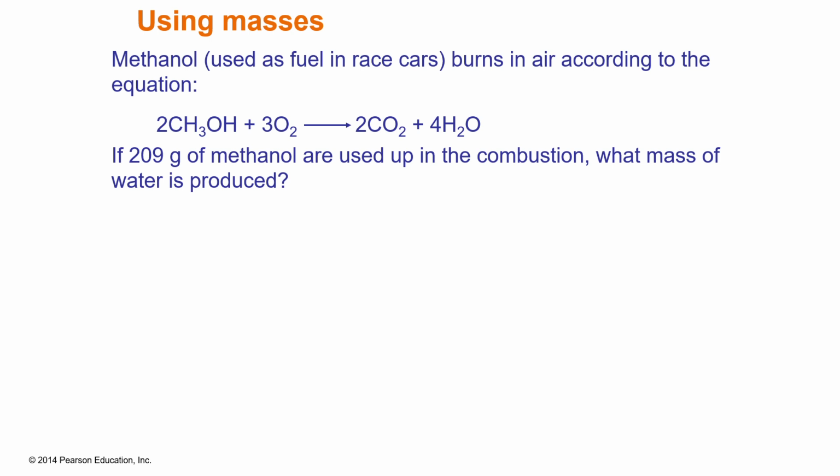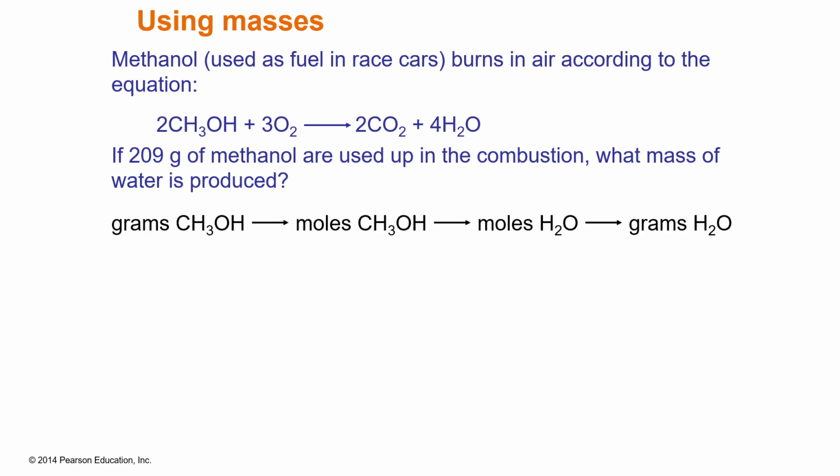It's kind of like going to Europe on a trip and you had to convert your dollars into euros, right? It's a currency exchange. So in this case, we have to exchange the grams of methanol into moles of methanol so that we can then use the coefficients in the equation to find the moles of water, and then we have to reconvert that to grams of water.